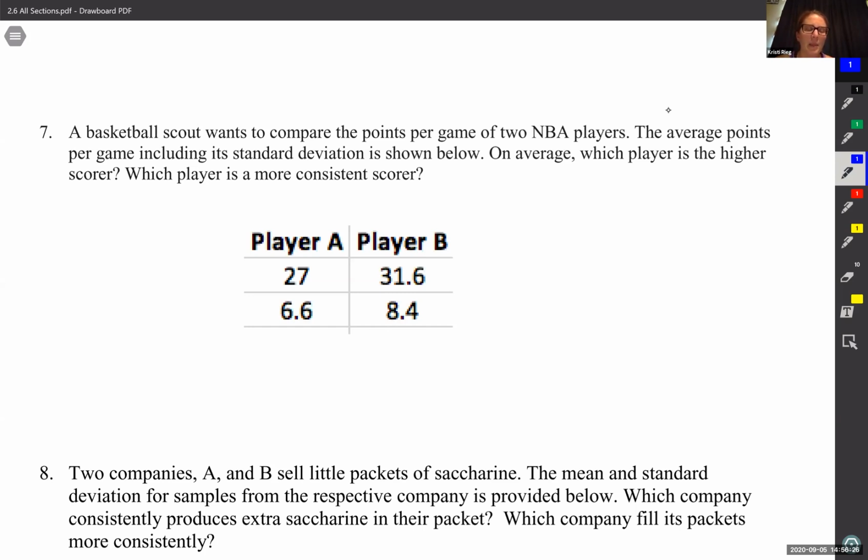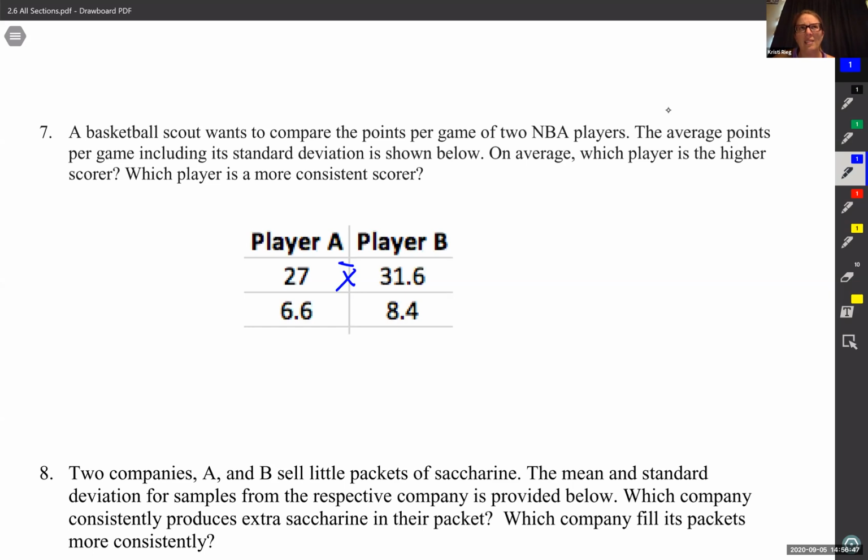Now, we're not being technical here. We're not saying, you know, I'm sure there's people that only score 6 points. That's fine. But this right here is going to be the mean. That's going to be the average points scored. And so player A scores 27 points per game with a standard deviation of 6.6.